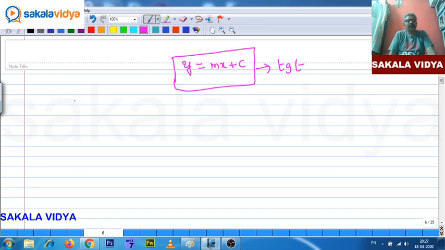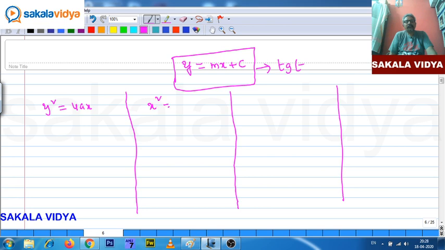For example, this is for parabola, y square is equal to 4ax, x square is equal to 4ay, and ellipse x square by a square plus y square by b square is equal to 1, and x square by a square minus y square by b square is equal to 1.